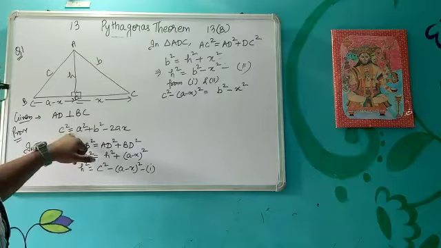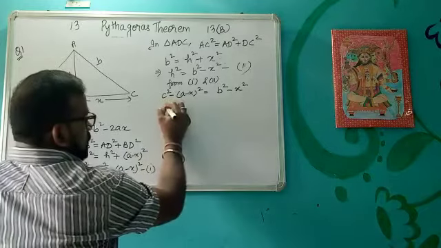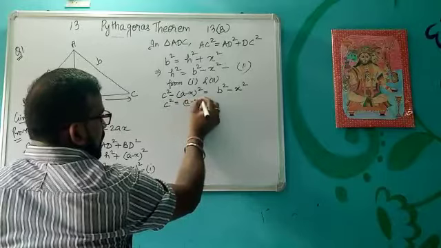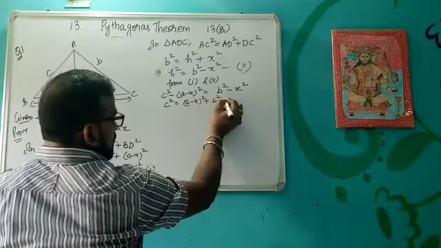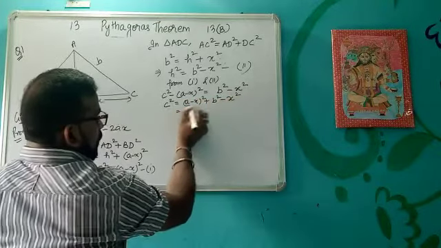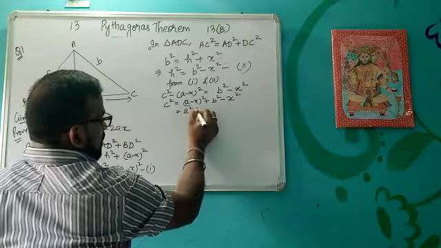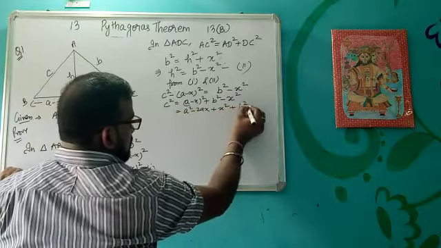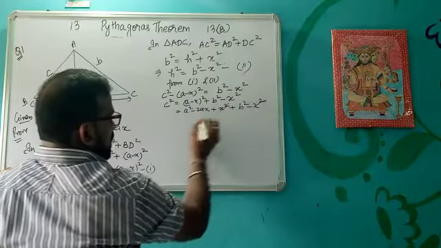So what we need is the value of c square. So c square will be (a minus x) square plus b square minus x square. Now we will open it. a square minus 2ax plus x square. So this x square cancels out.